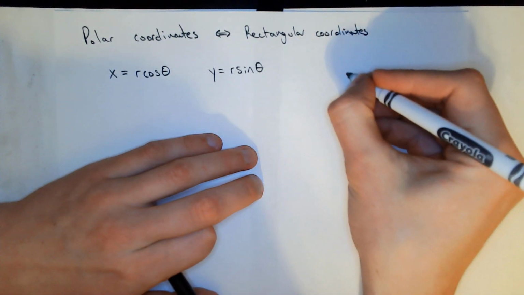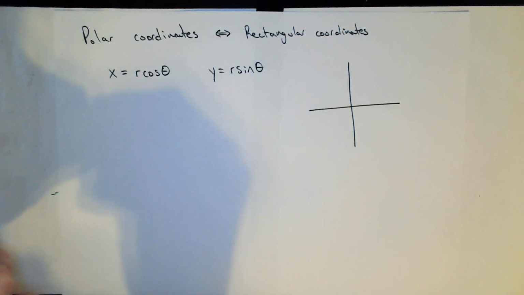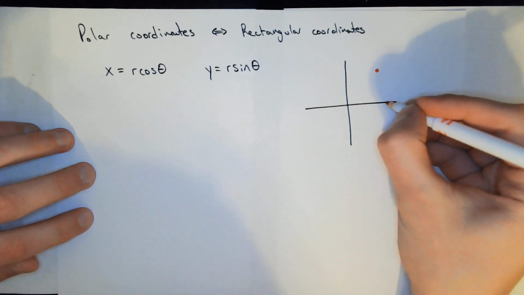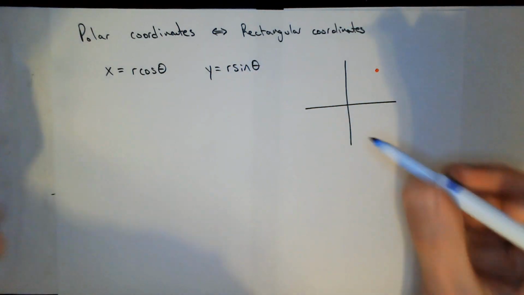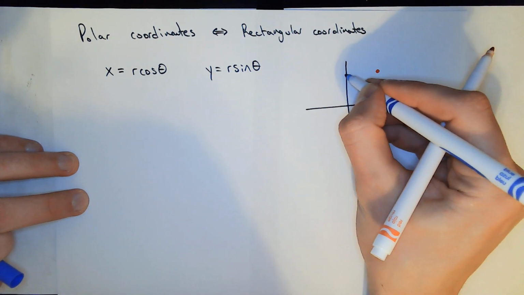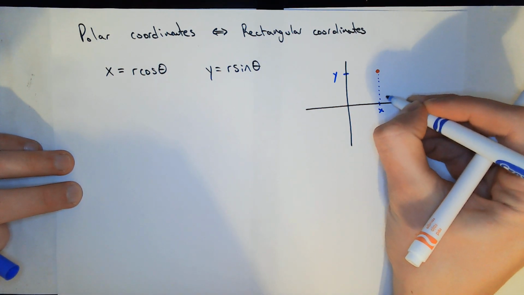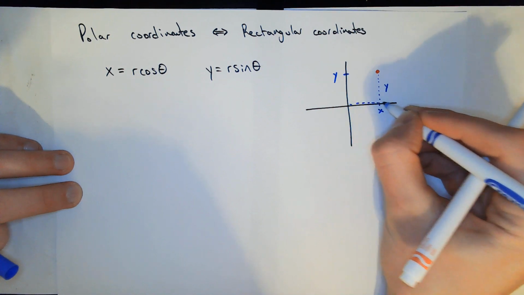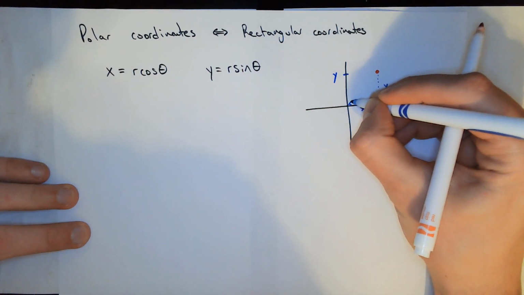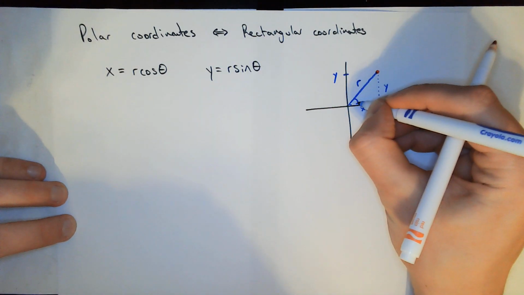Maybe a picture will help. Hang on, before I write down the other relationships. The point out here is an xy point, so we've got some x value down here, and then out here is some y value. So I can describe this height as a y value and this distance here as an x value, and that distance there is r, and this angle here is theta.